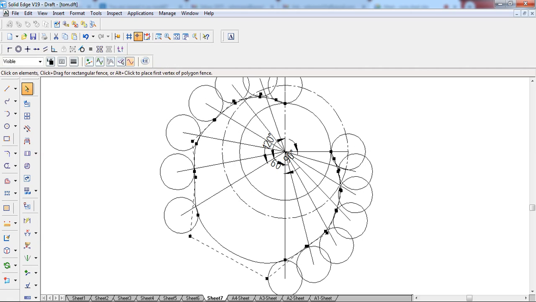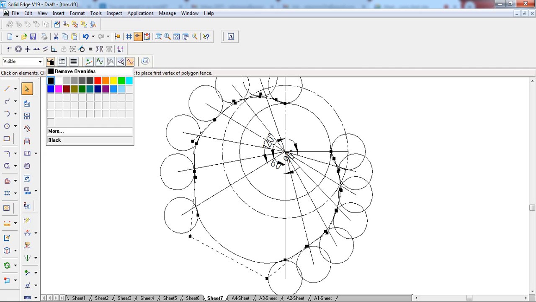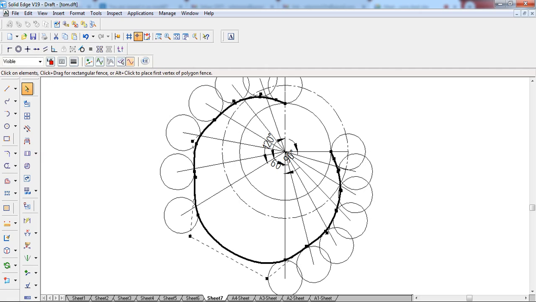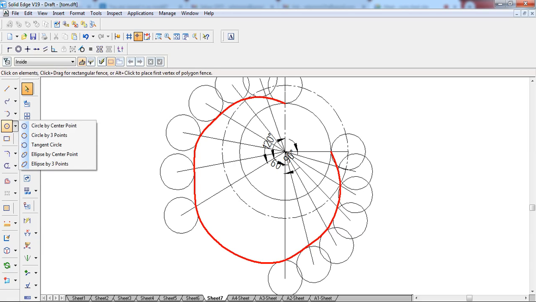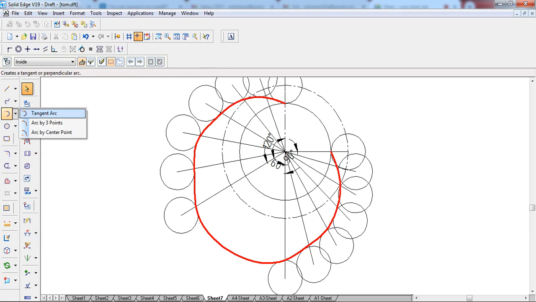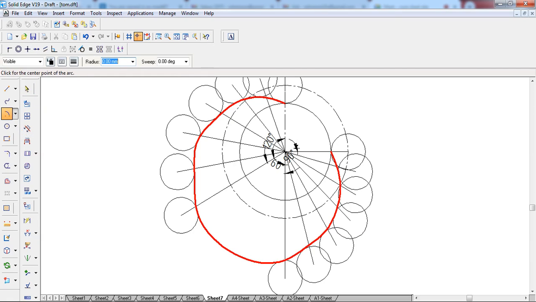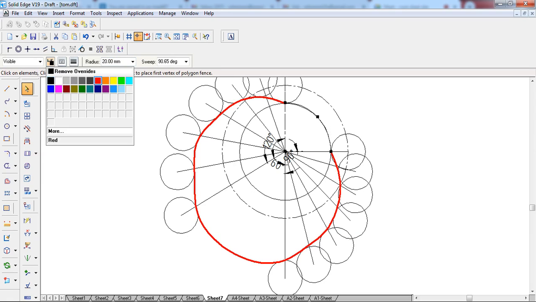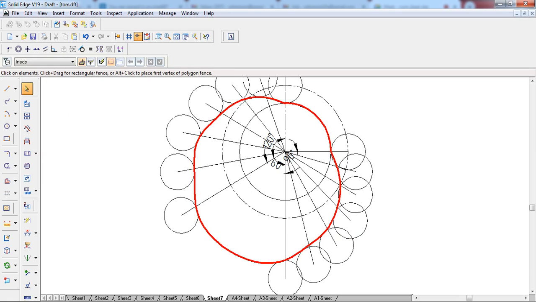I will just take a color so that it will be clear for you, and the remaining arc also can be made dark. So we will be getting a profile like this.